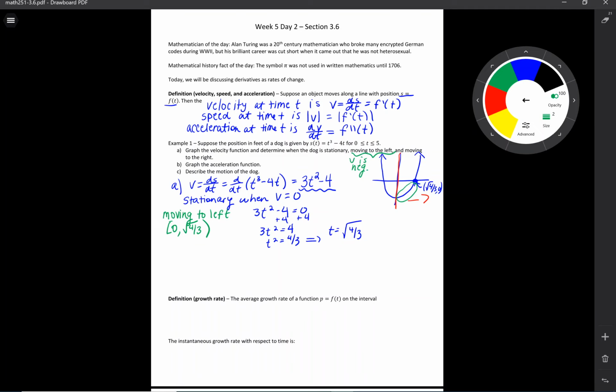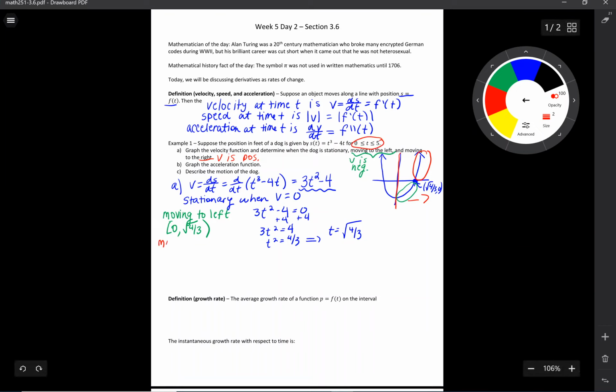And then I'm moving to the right when my velocity is positive. So that will be after square root of 4/3, all the way up until 5, since this is the interval that I care about.